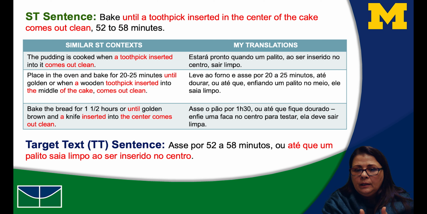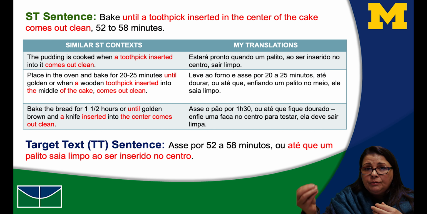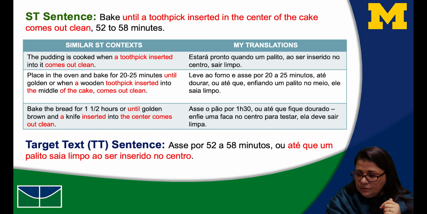So here are three examples that I pulled from my translation memory of cookbooks, where you can see the red text very, very similar to the context that I have to translate right now for this new translation job. So looking at the solutions that I've had before, I can come up with the solution on the bottom of the page based on my previous choices.